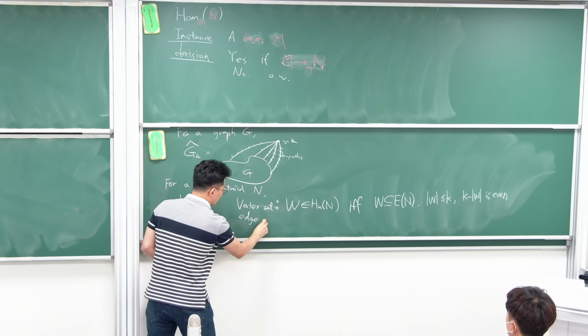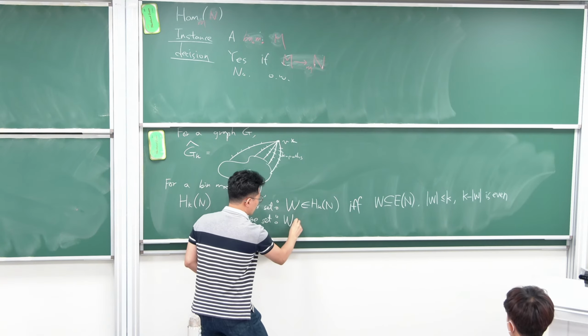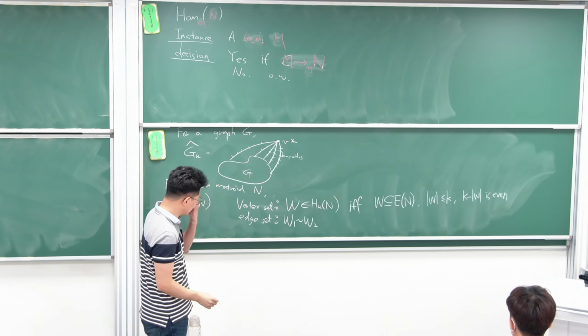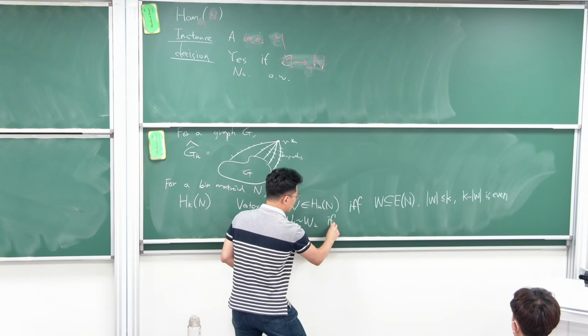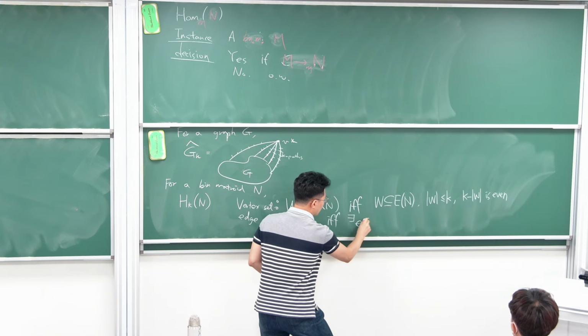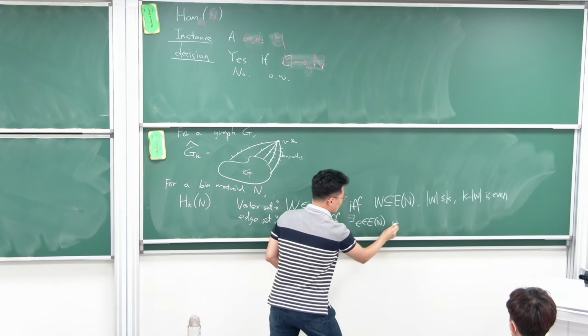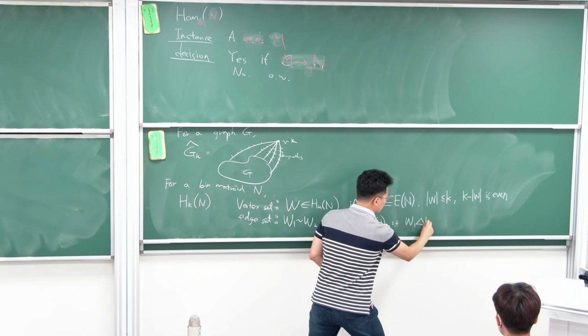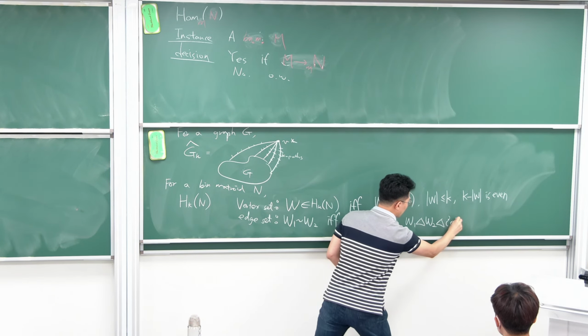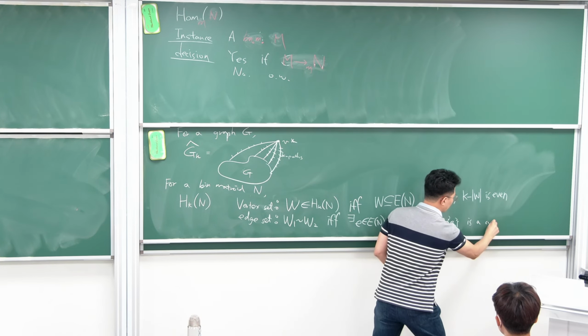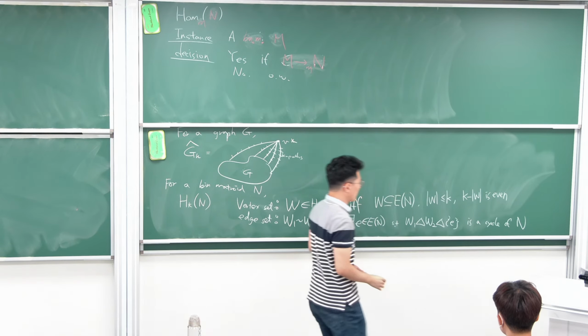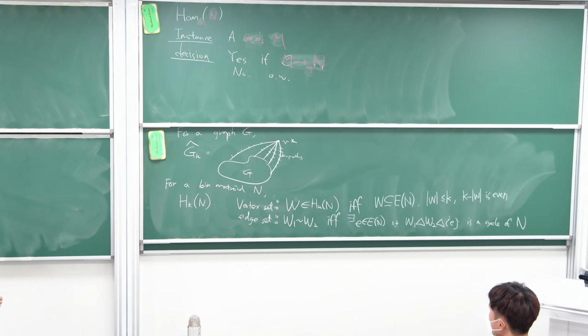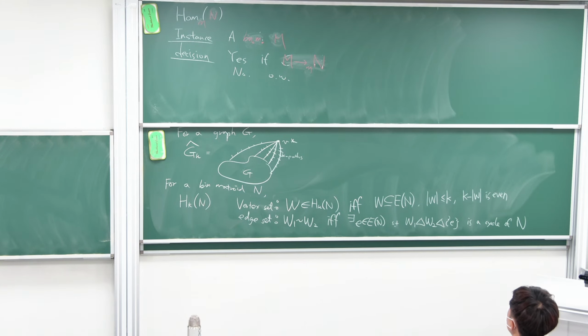And for the edge set, W1 and W2 are adjacent in this graph if and only if there is some element e such that the symmetric difference of W1 and W2 with this e is a cycle of N. Then we have a similar lemma for binary matrices.